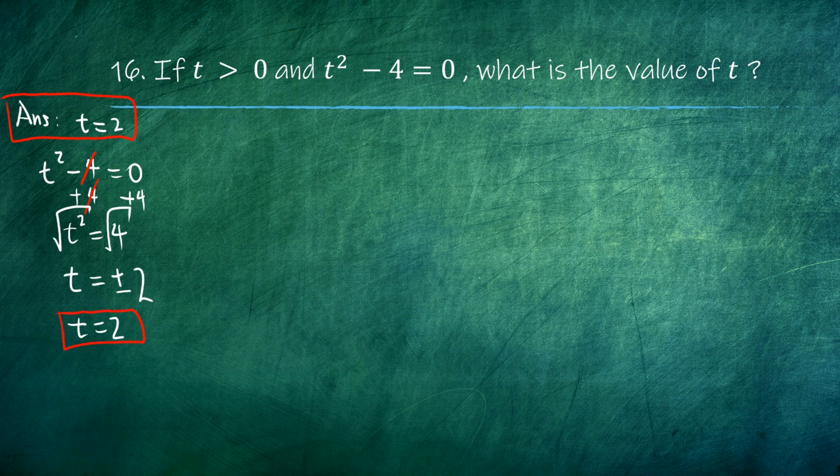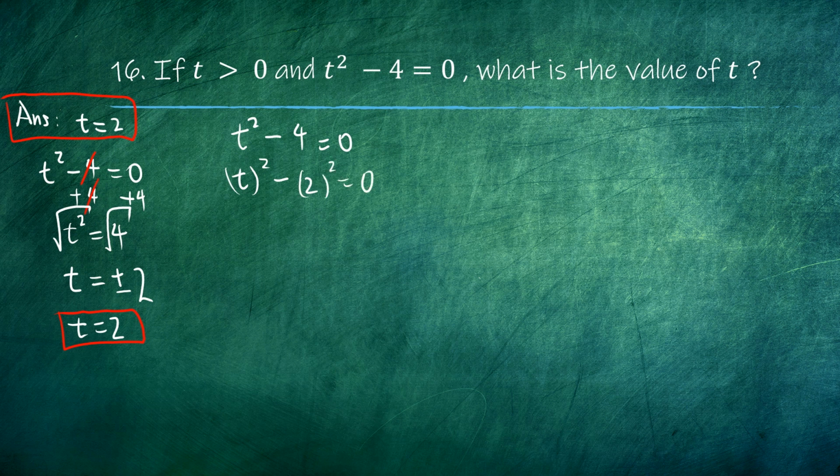Another way to solve this is if we look at this question, we notice that we can factor this. t squared minus 4 is the same as rewriting as t to the second power minus 2 to the second power equal to 0.